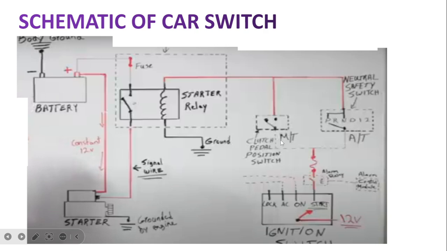When the clutch pedal is pressed, this connection is closed. Then the starter relay is connected to this path, and a single wire is used next to start the starter of the engine. So like this, the process happens in the car.